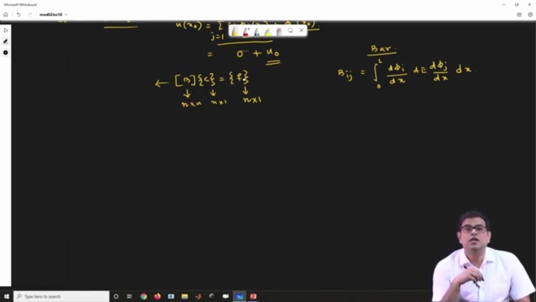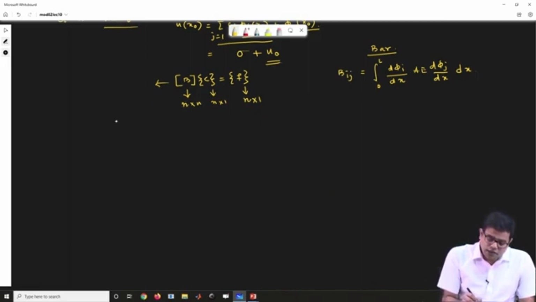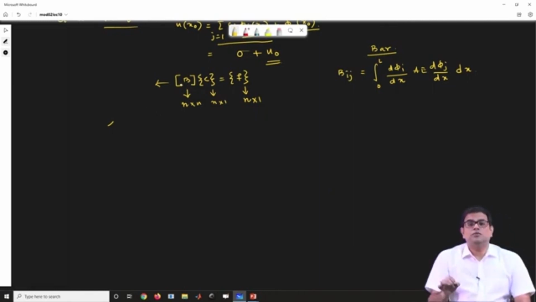How do we ensure the non-singularity of this matrix B? What is the non-singularity condition? It has to have full rank, which means linearly independent columns or row vectors.